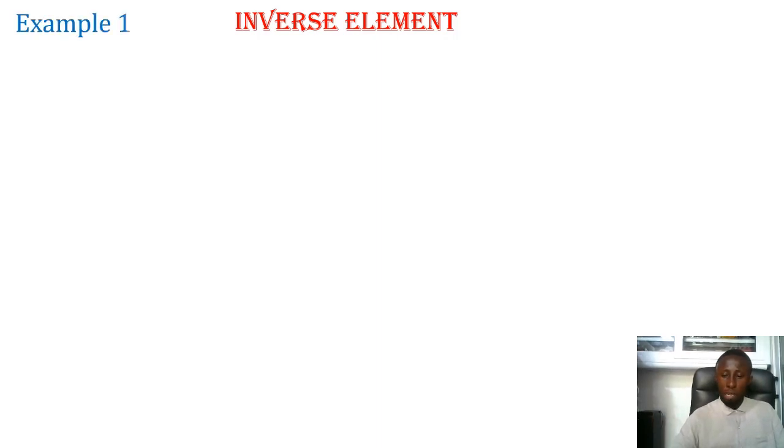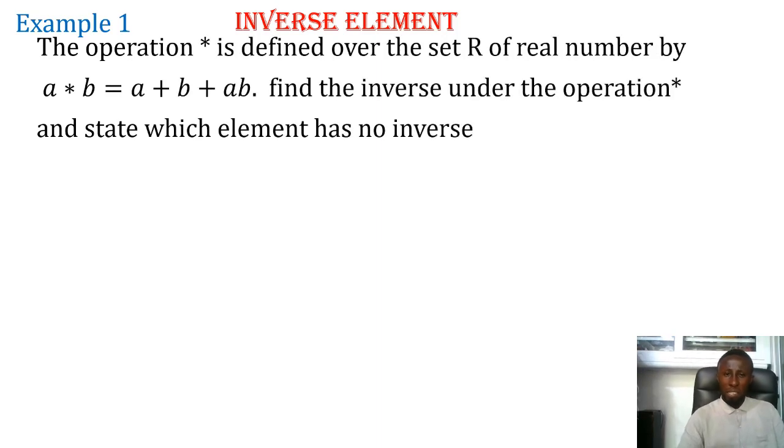So let's solve an example on the inverse element. Before we solve the inverse element, let's know the identity element. This is our example, example 1. The operation star is defined over the set R of real numbers by this.